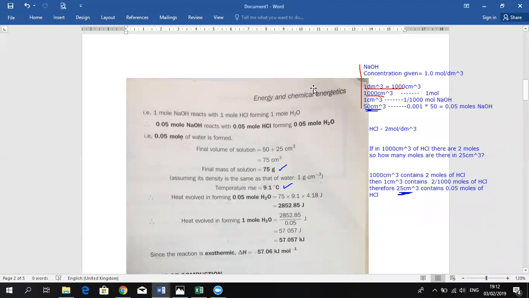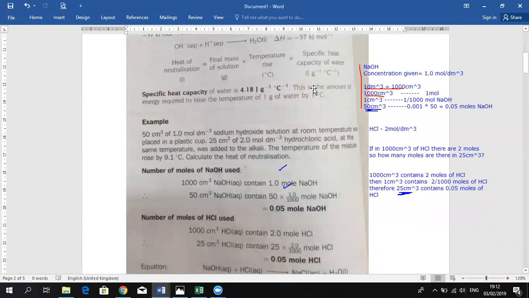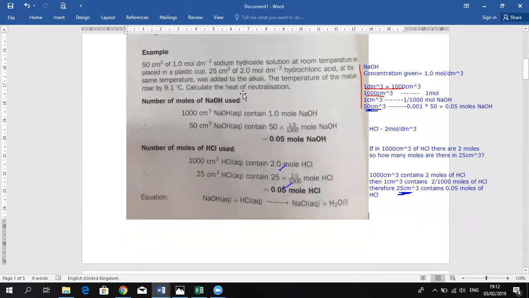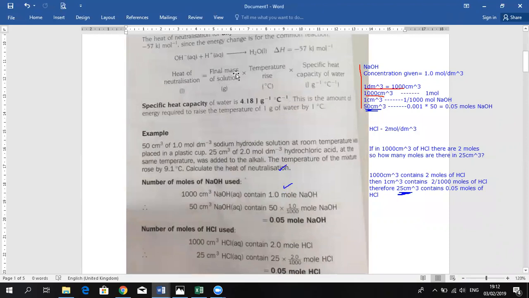Yeah. Right. So this is it here. We have the 9.1 degrees Celsius rise. This is the formula that I want to use here, guys. So the final mass of solution, which is the 75 grams, because we take centimeters cubed to be grams. The rise is 9.1, and then the specific heat capacity of water that we're going to be using is 4.18.